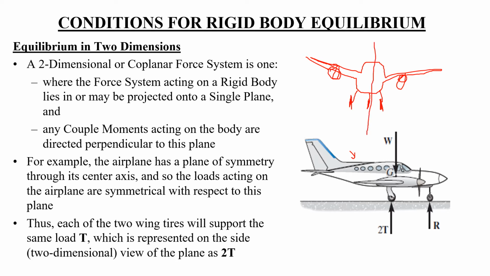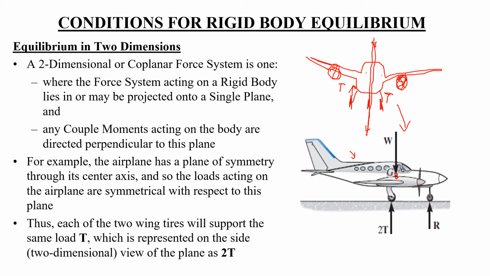But if you cut this airplane in half, you can see that the exact same amount of force, which is called T here, applied on one wheel, is exactly the amount of force applied here, assuming that this airplane is symmetric, it has an equal amount of passengers here, and the weight is equally distributed. So when you can assume this, you can just take this half and put it in a 2 dimensional space.